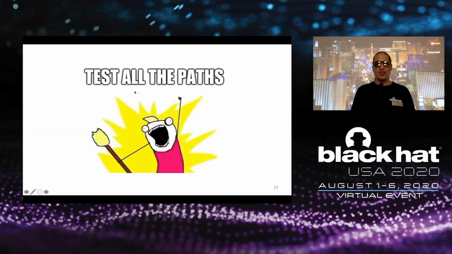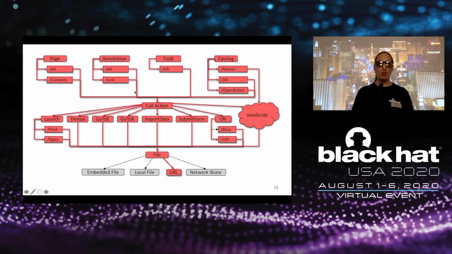Okay, so I guess it's obvious what we need to do here. We need to test all possible paths systematically. So this means all possible events, all possible PDF actions, and we use the URL as a file specification target.